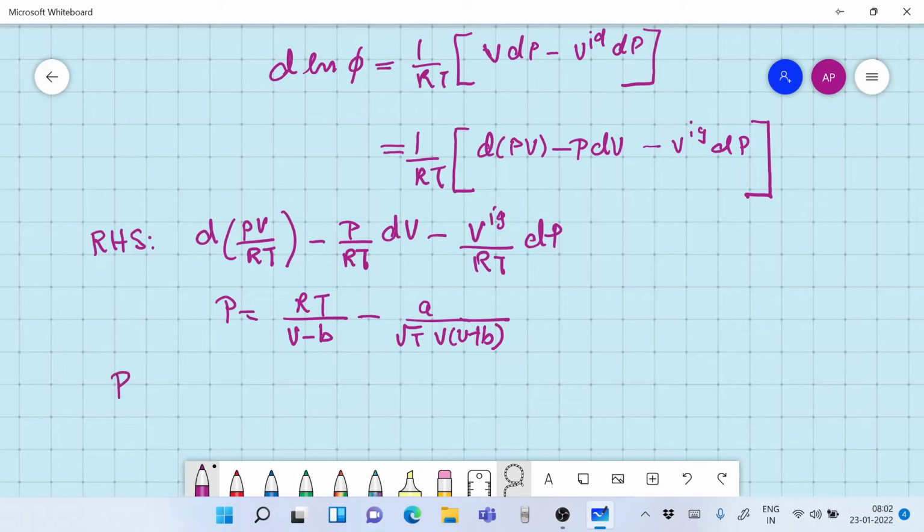So the RHS can be written now as dZ, where we all know that Z is equal to PV over RT for a real gas, and Z is equal to 1 in case it's an ideal gas. Then afterwards what we have is minus.